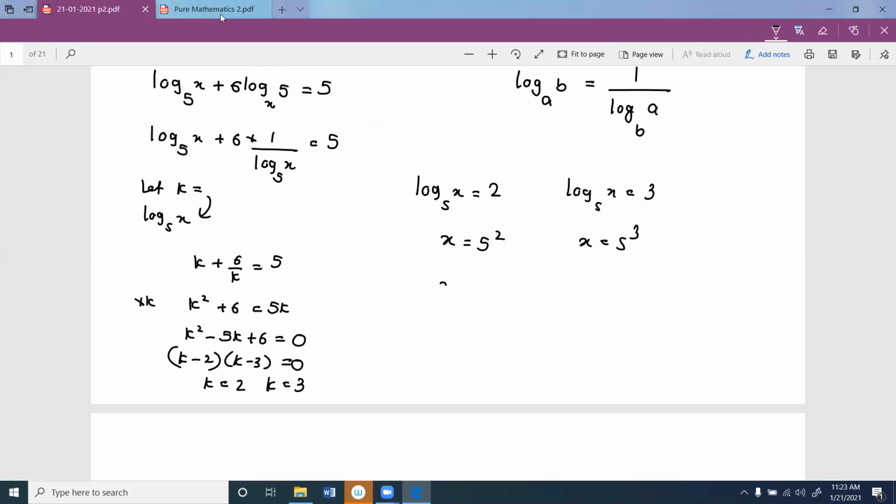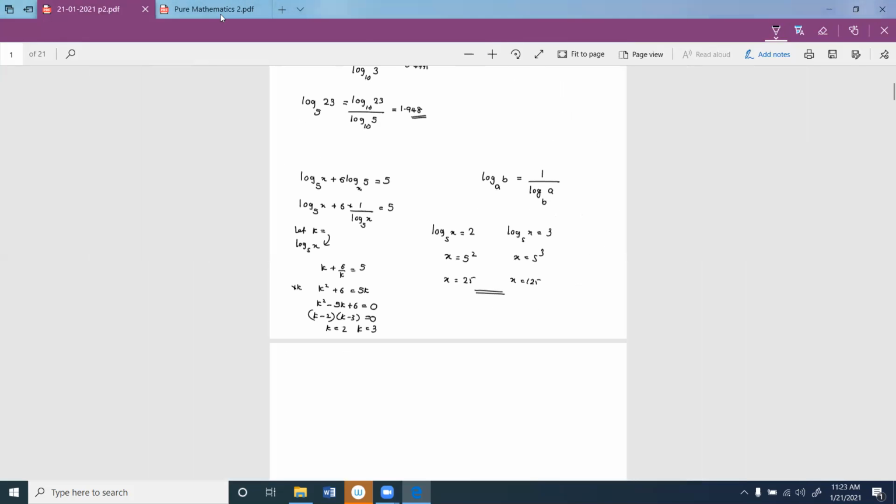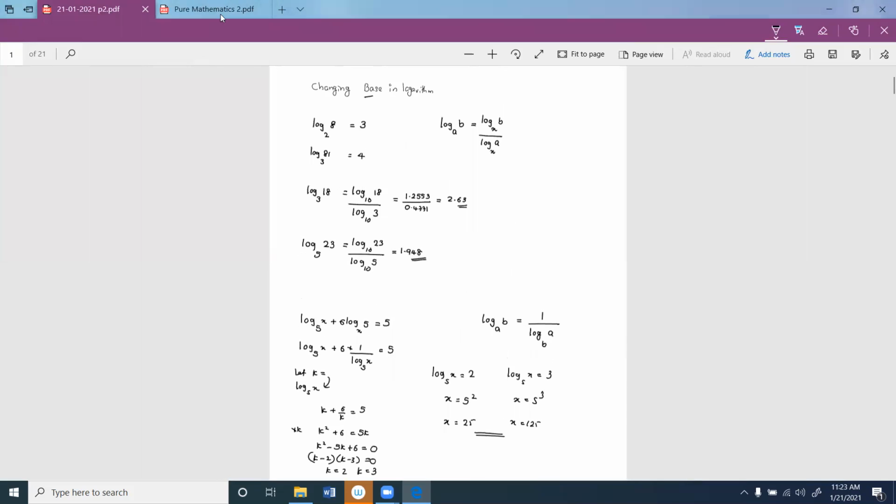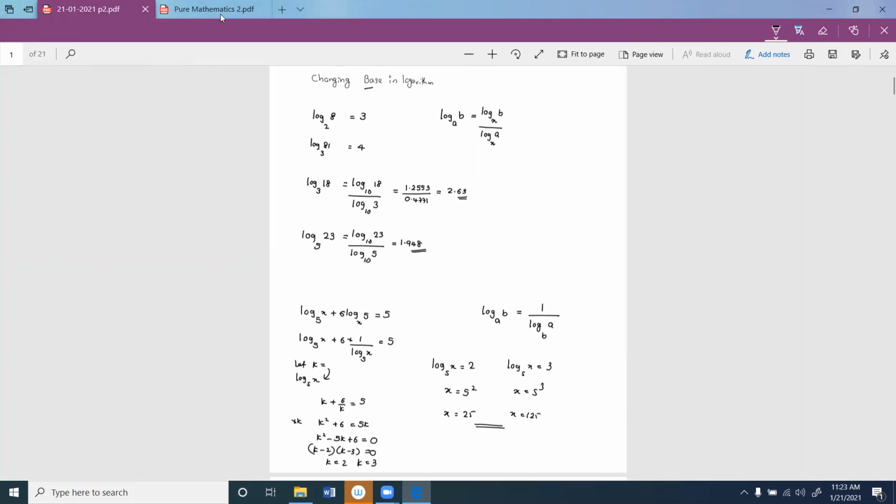With this, x equals 25 and x equals 125. That's a way of getting the solution for this kind of question. That's a way of using different approaches for this one.